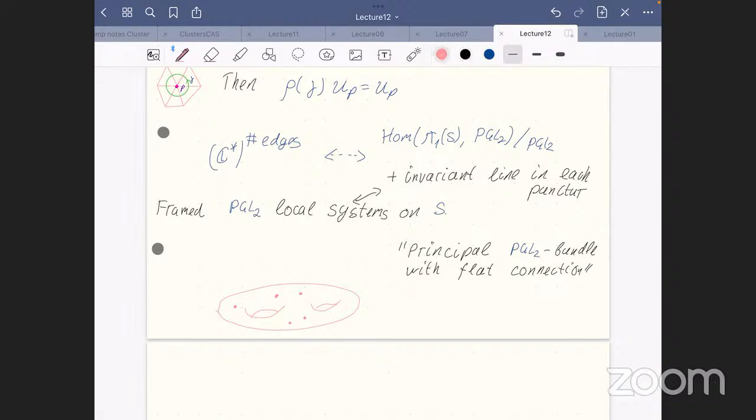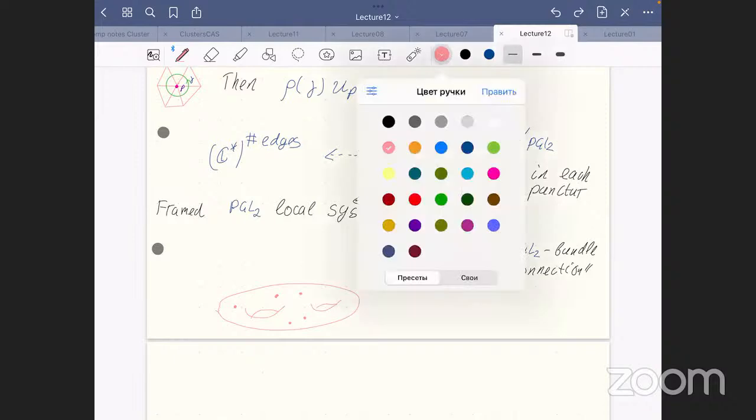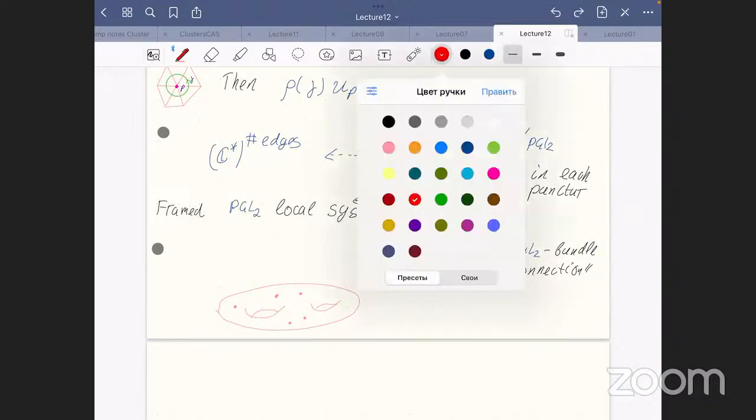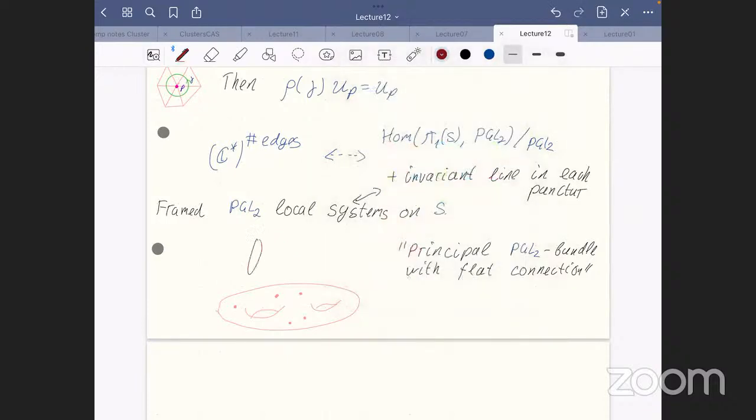So it means that for any point we have a group, maybe some other color. Sorry, I have many colors. It took me some time to pick one. And for any point we have a group and a flat connection, which means that for any path on the surface, we can move up and have a path on our bundle.